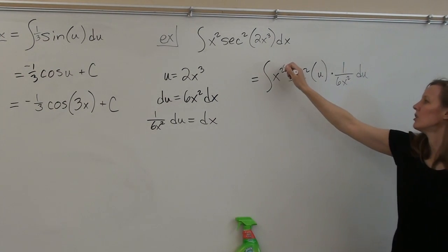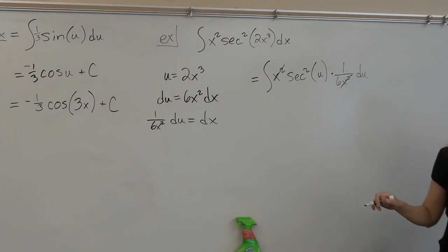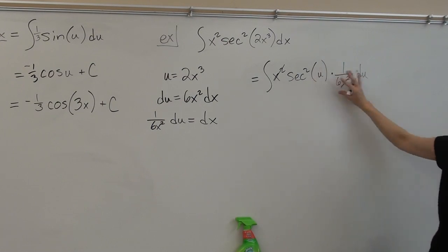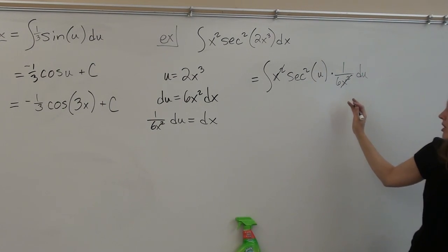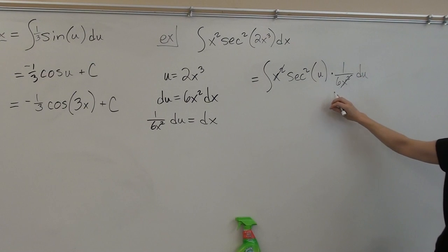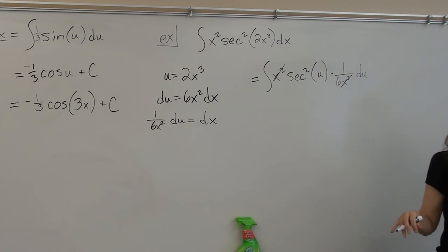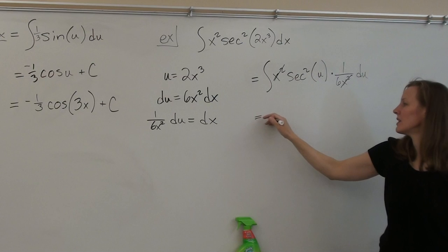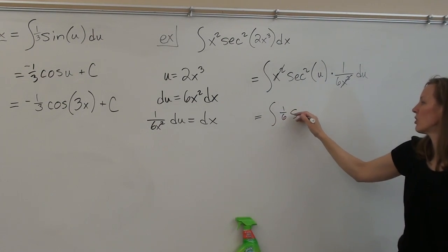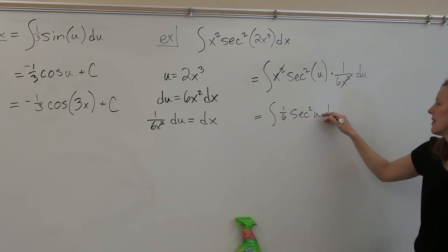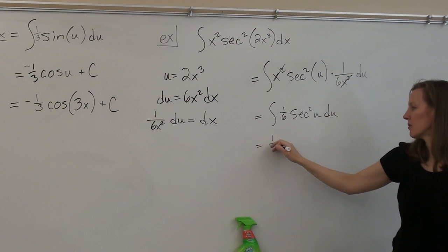So I cancel my x squareds, and now I just check to make sure there's no x's in the problem, and there aren't. I have a secant squared u, and a 1/6, and a du. And now if you want to write it cleaned up, just for visual, you don't have to, and then you just go to the answer from there, right?